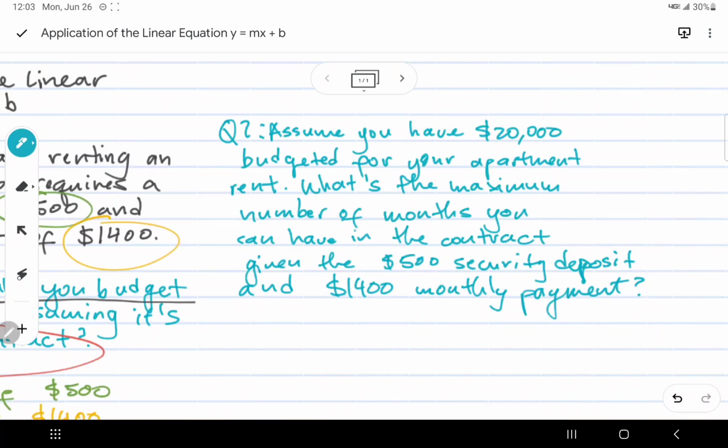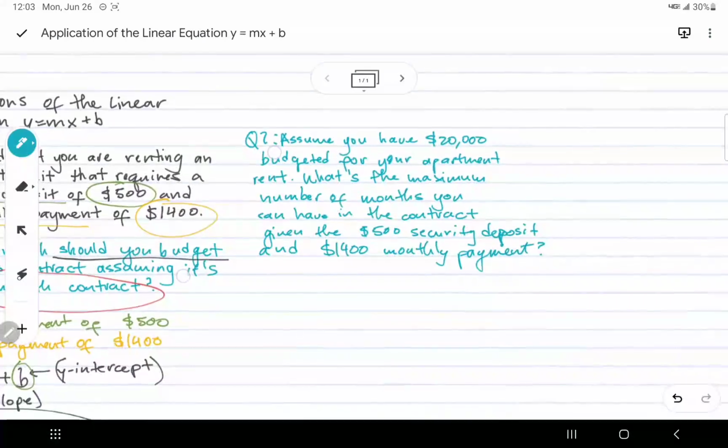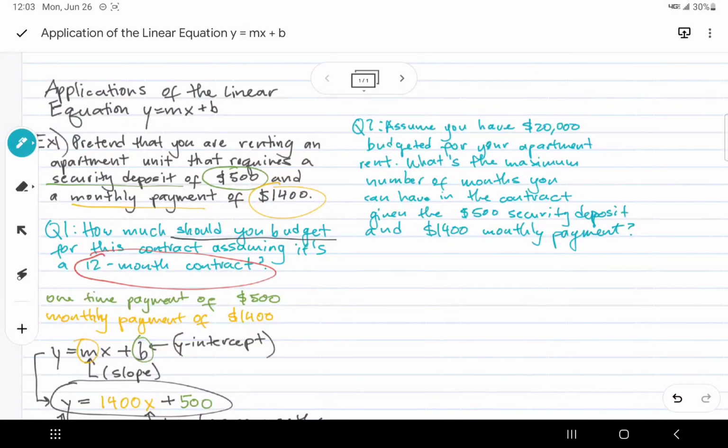Okay, so now I know this seems to be very wordy, but it's just a repetition of this. But the only thing that changes here is now you have $20,000, and how many months can you stay?